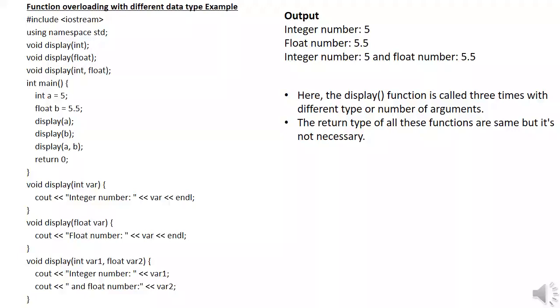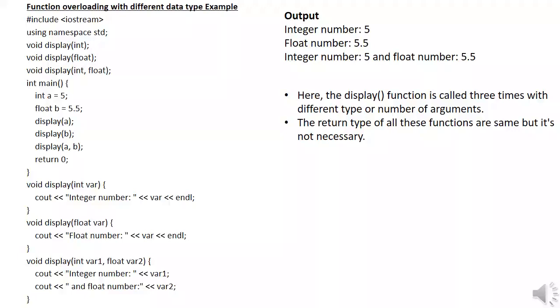After the main function, you can see the function definition for each display function. The first function definition accepts an integer as an argument and displays the integer number, whatever value you are passing to it. The second function definition accepts a float as an argument and displays the float number with whatever value you are passing.